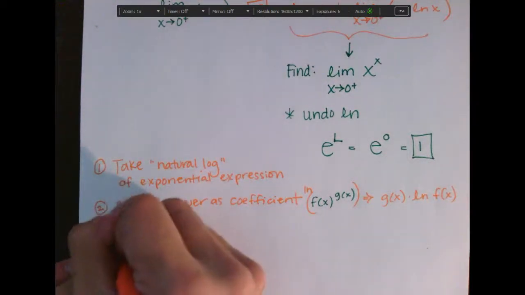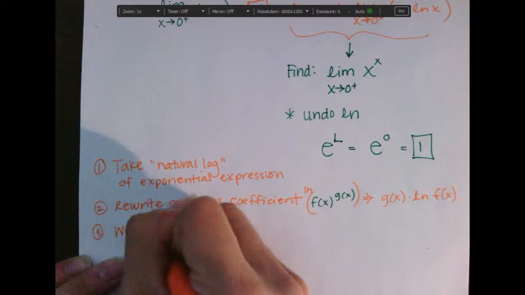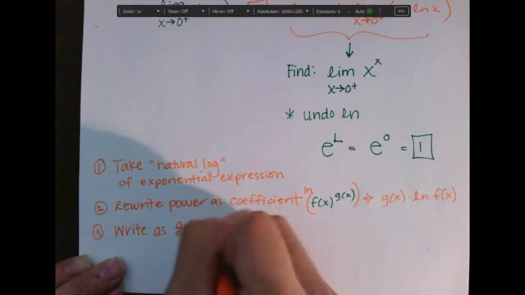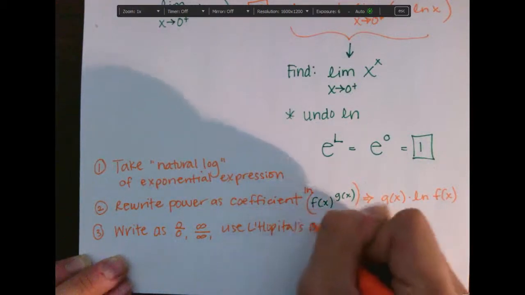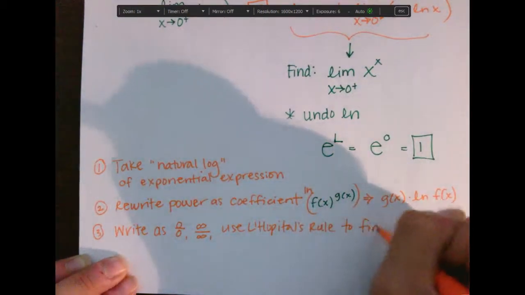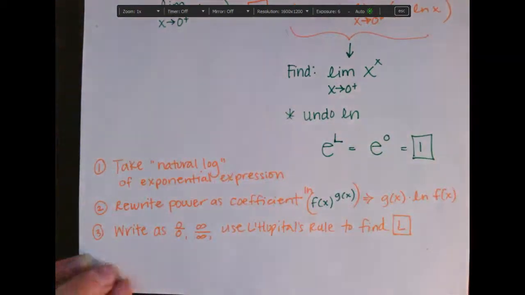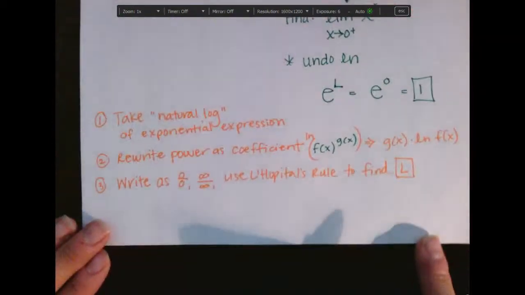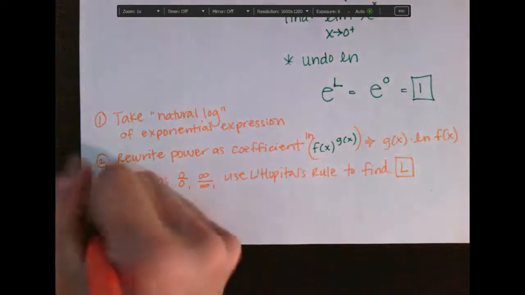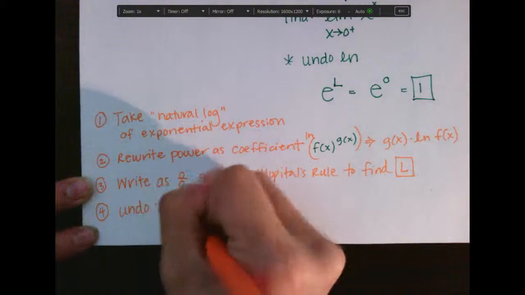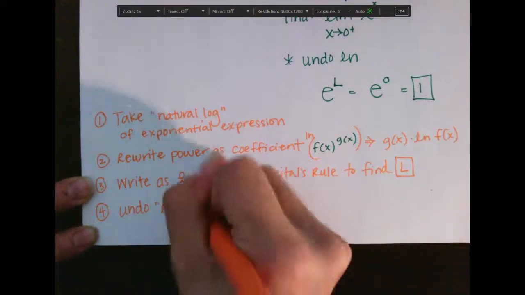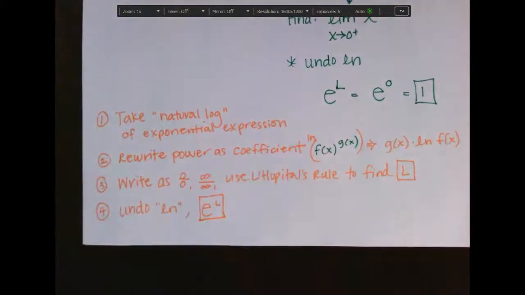Step number 3 is to rewrite it in one of your L'Hopital forms and use L'Hopital's rule to find L, the limit of the expression that has the natural log in it. Then we need to undo the natural log by taking e and raising it to the power of L. Alright, so that's L'Hopital's rule.